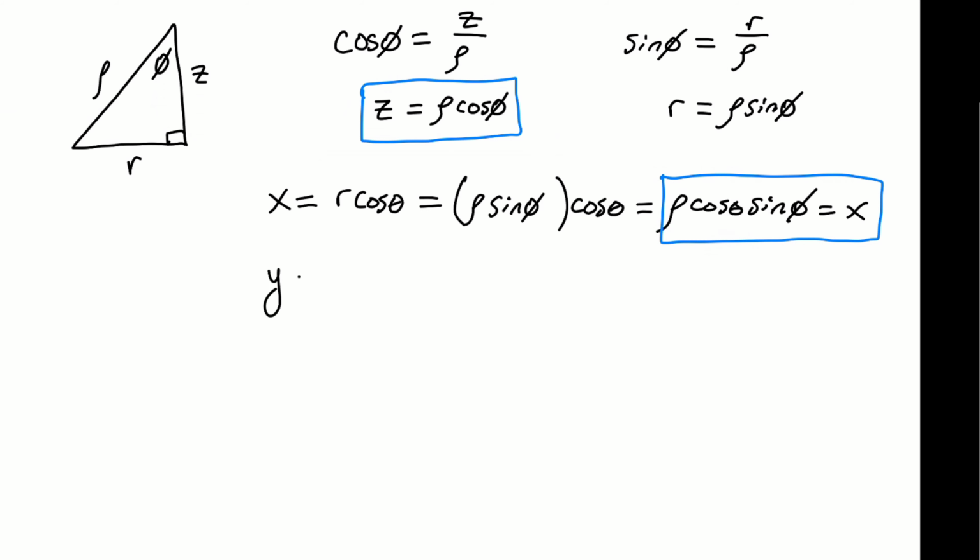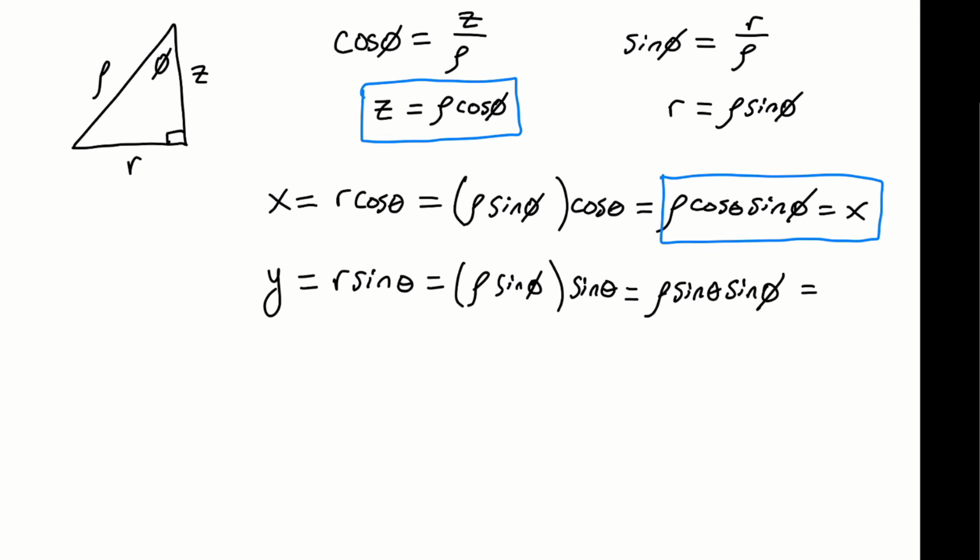Beyond that, no reason. Similarly, for y, we have y equals r sine of theta. We could replace r with rho sine phi. So then we will have r sine theta, it's not r, excuse me, rho sine theta sine phi, and that's y.